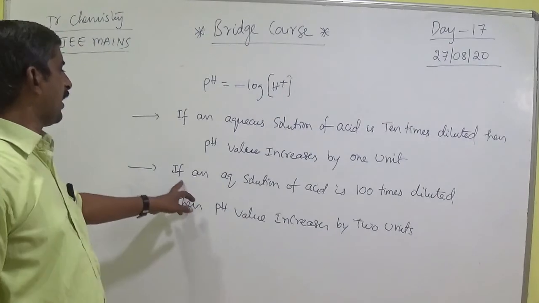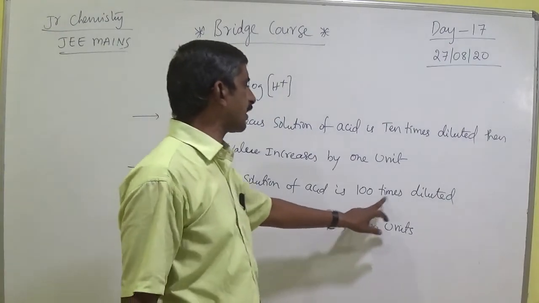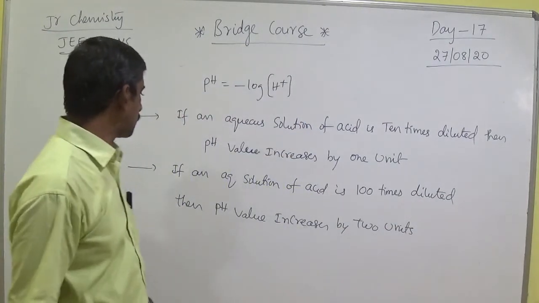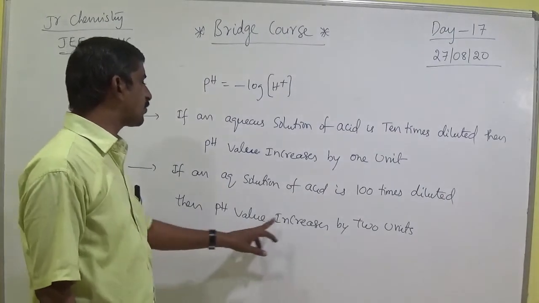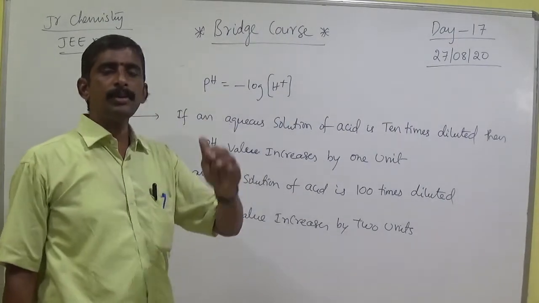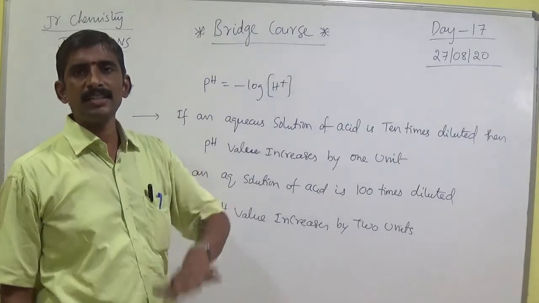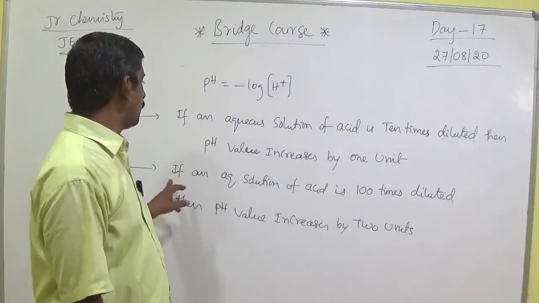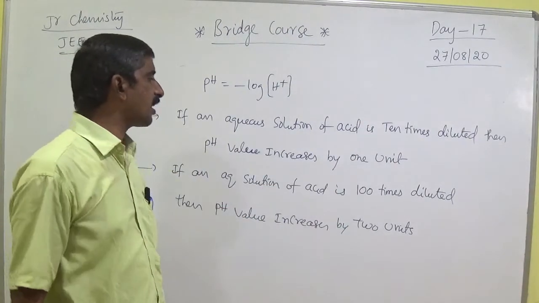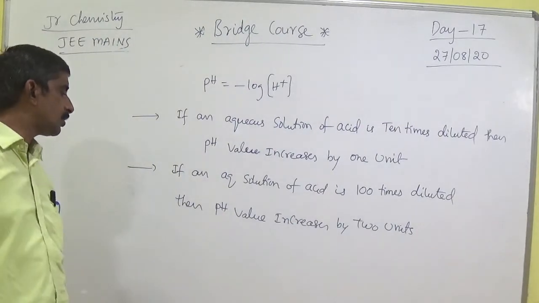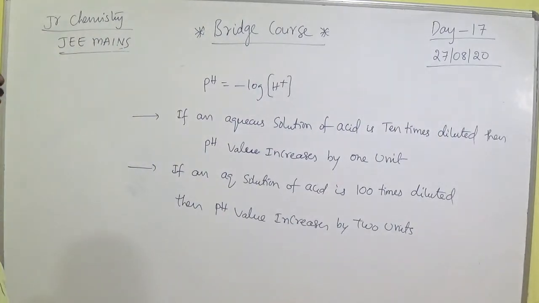Diluted means concentration is less, and less concentration means pH value increases. So if an aqueous solution of acid is 100 times diluted, pH value increases by 2 units.